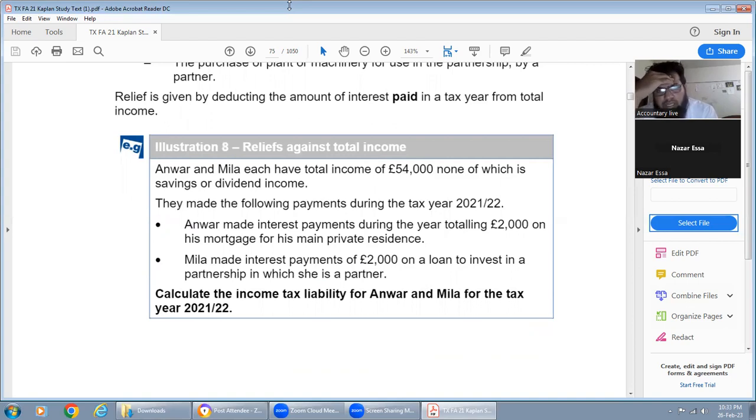Anwar made interest payments during the year totalling 2,000 on his mortgage for his main private residence. Mila made interest payments of 2,000 on a loan to invest in a partnership in which she is a partner.